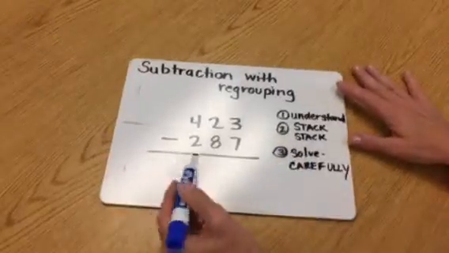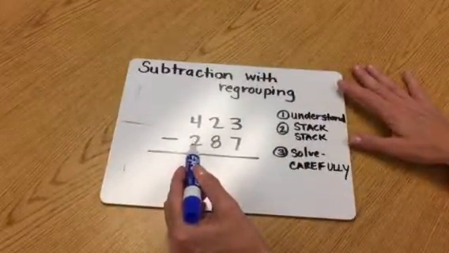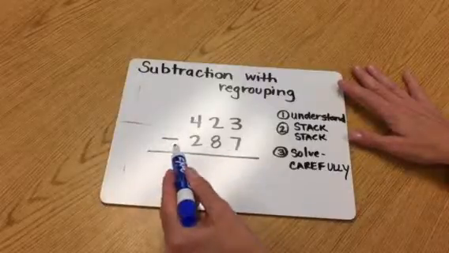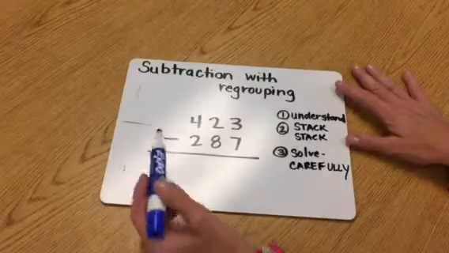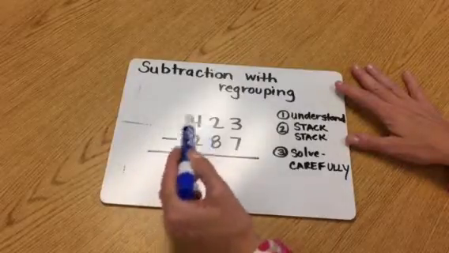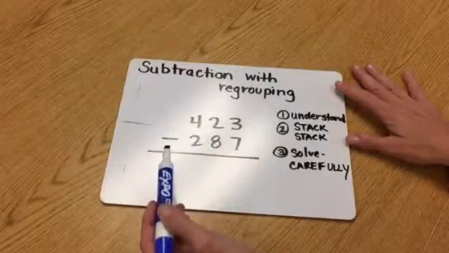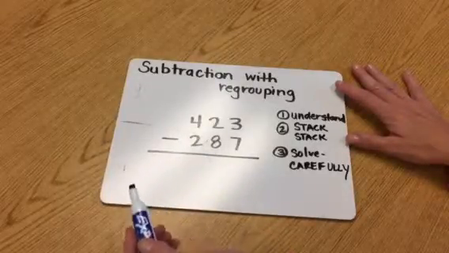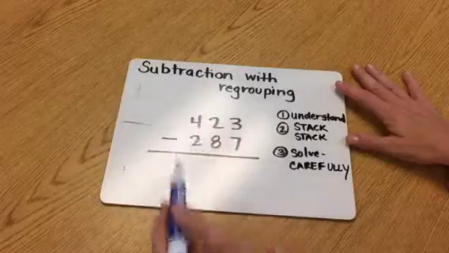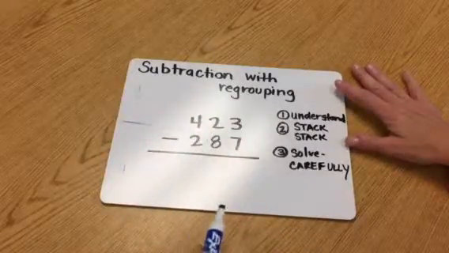They need to understand that the smaller number has to be on the bottom of a subtraction problem because they can't subtract the bigger number from the smaller number. So they have to understand the values of the numbers and which one is greater and less. So 287 must be smaller than 423 or the problem won't work. They have to have them stacked appropriately again and then solve carefully.